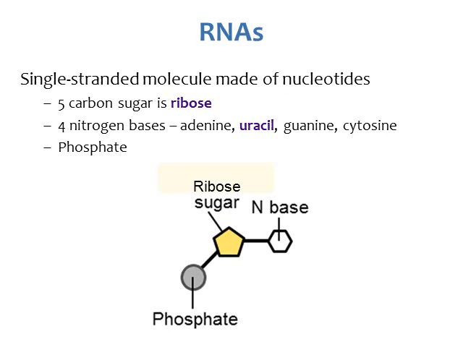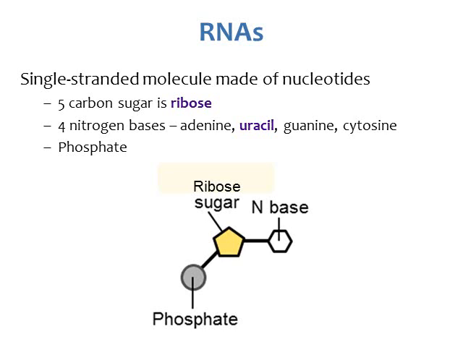So RNA is a single-stranded molecule made up of nucleotides. Remember, RNA is a type of nucleic acid. In our nucleotide, you need a sugar. DNA has the sugar deoxyribose. RNA has the sugar ribose. So they have different sugars.